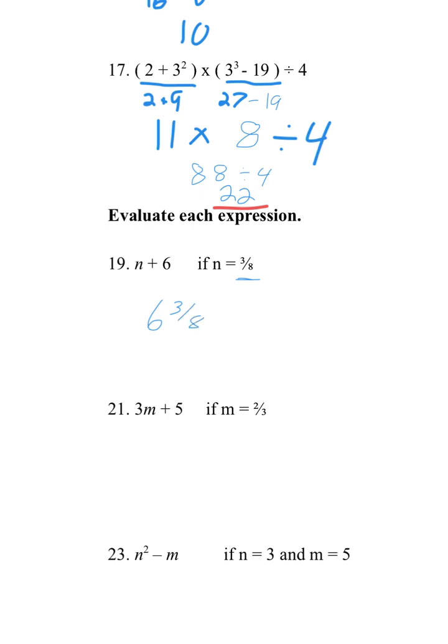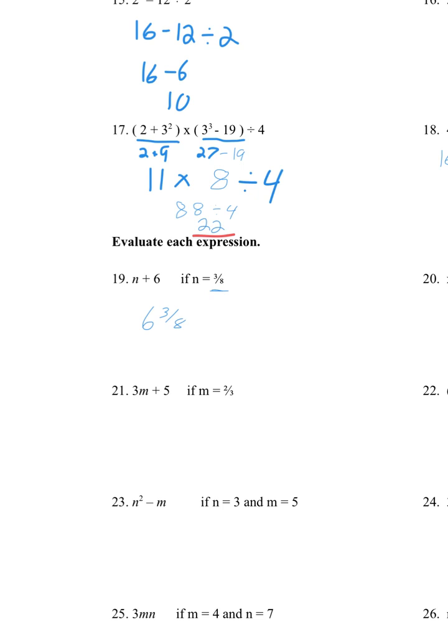We can check this by adding them as fractions. So we could do 6 over 1 plus 3 over 8. And when we do that, we have to find a common denominator for this one on the left. So we're going to multiply those both by 8 to get an 8 on the denominator.